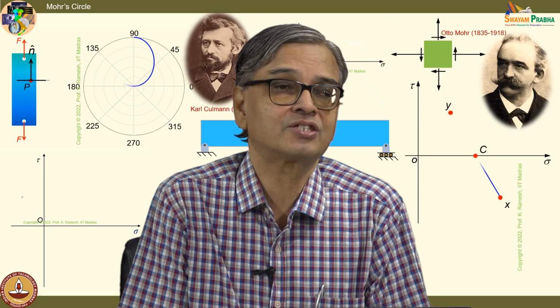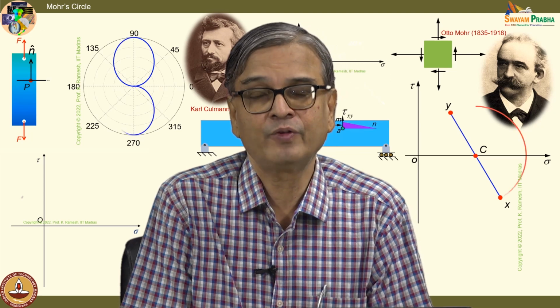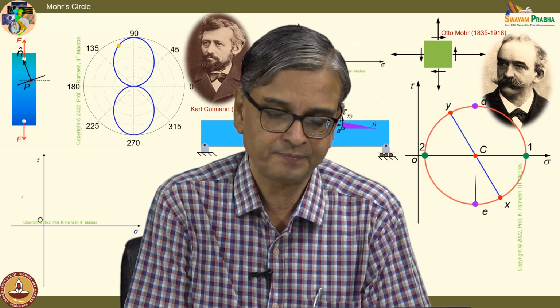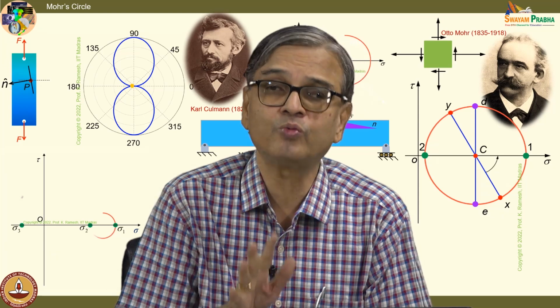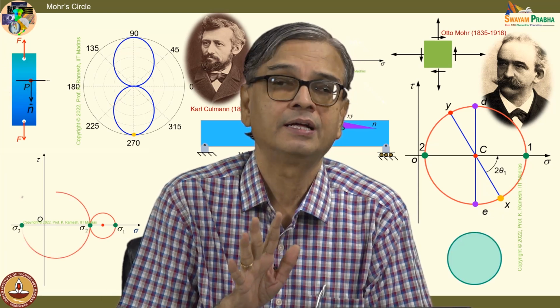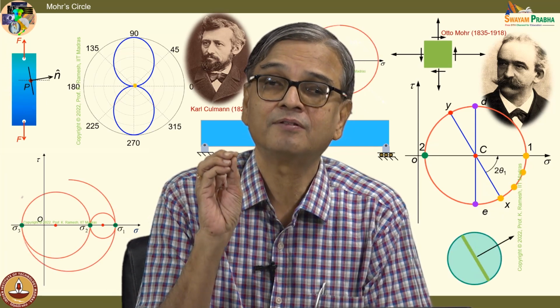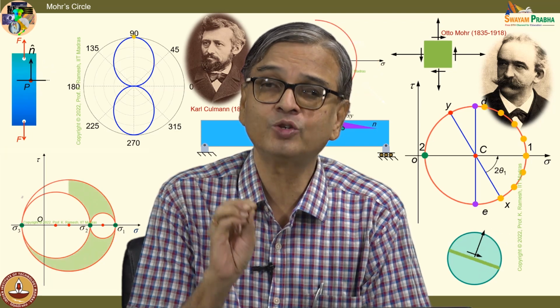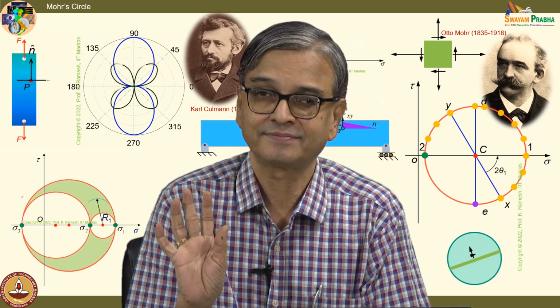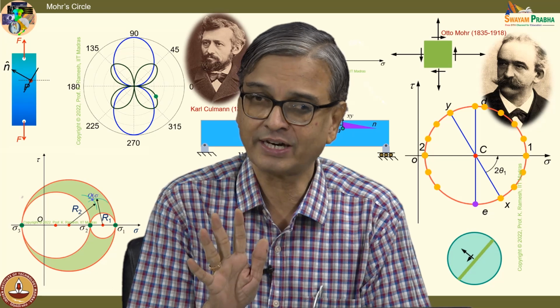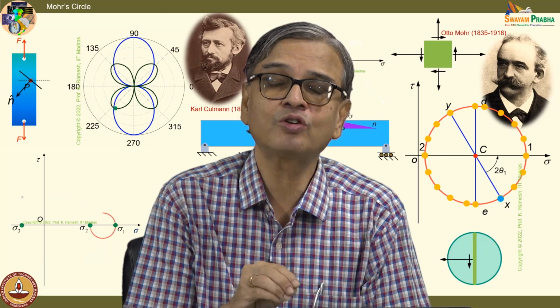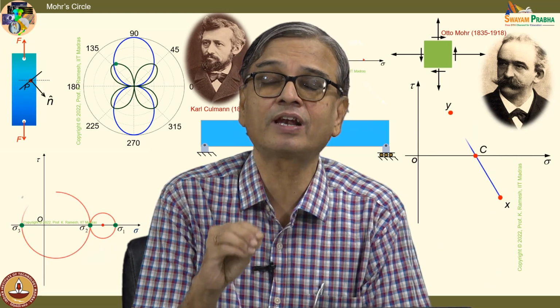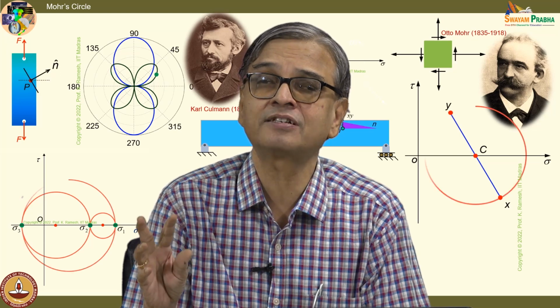So, in this class we have looked at various aspects of Mohr circle. See, we have also proved that when you plot these quantities, you will get only a circle. Fine, that you have looked at. And we have also looked at how a Mohr circle will look like in a true 3-dimensional situation.